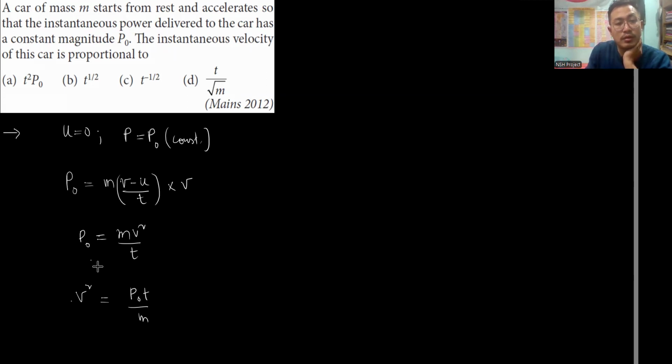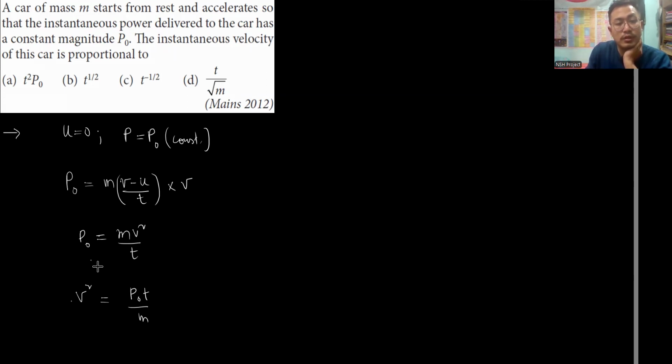Force is m times v minus u by t, and my velocity is v, and u is 0. So m v square by t equals p naught, so v square is equal to p naught t by m.